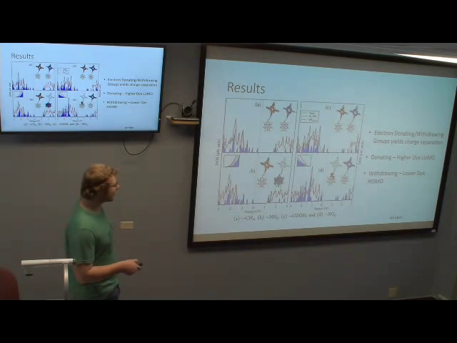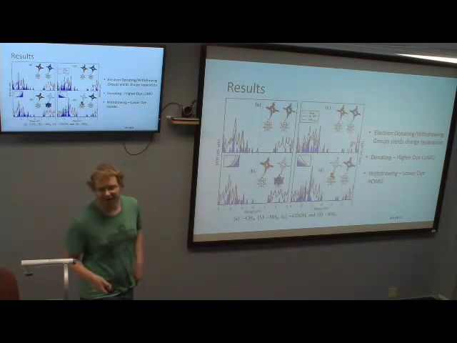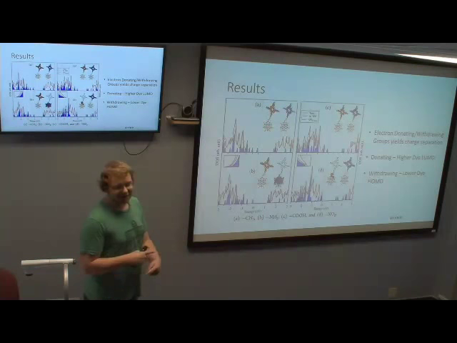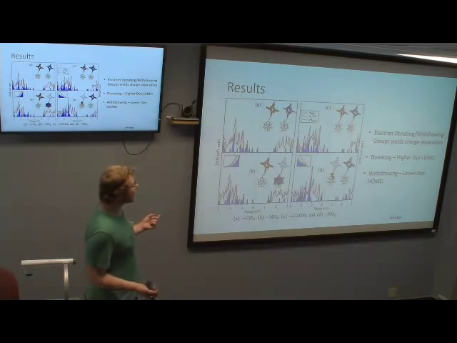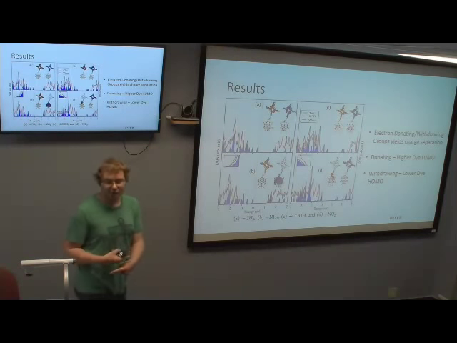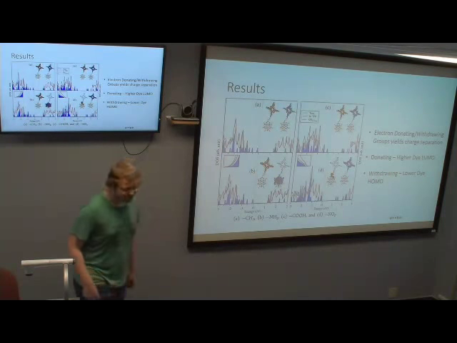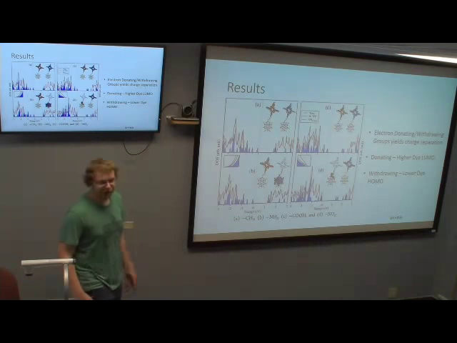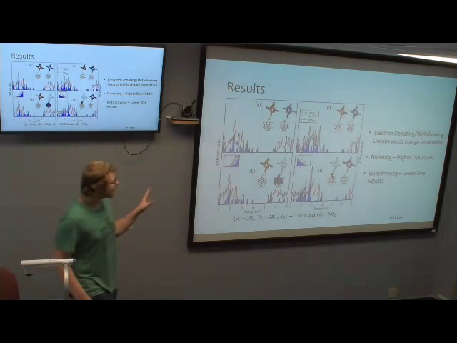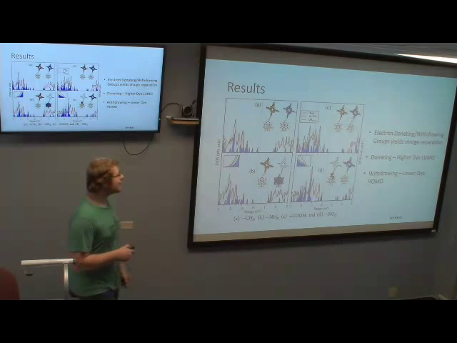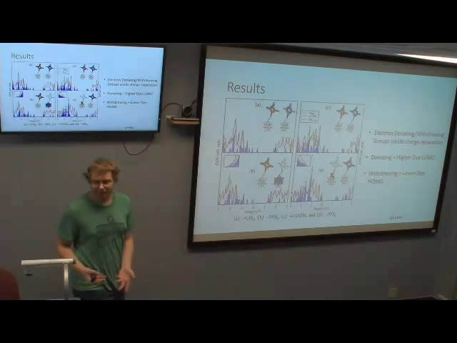Meanwhile, with the withdrawing groups there's a lower dye HOMO, which means that the HOMO is going to be on the quantum dot, and so you can exchange which one the electron moves to based on whether it's a donating or withdrawing group. Another thing they mentioned is that for larger size quantum dots, it didn't matter if it was strong or weak, both of them yielded a charge separation.